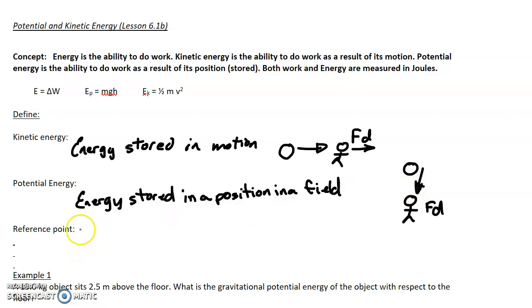Now the reference point in terms of potential energy, because it's due to position. Well, position of what? This reference point is key for potential energy because it is basically saying from what point are you measuring the field?